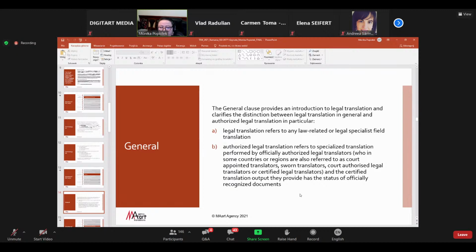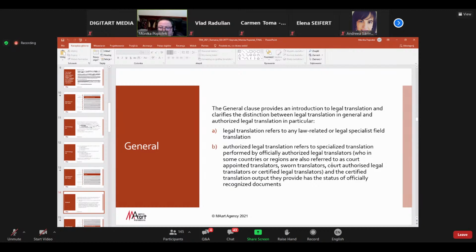So we've said here that authorized legal translation refers to this specialized translation category, performed by officially authorized legal translators. And we mention what happens in some countries or regions. We also mentioned that in some countries they could be referred to under a number of terms.